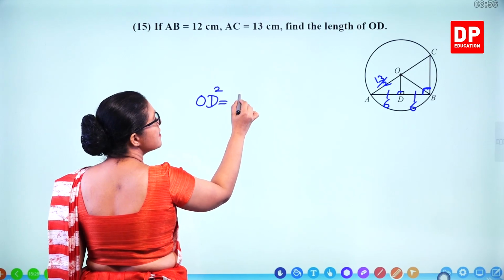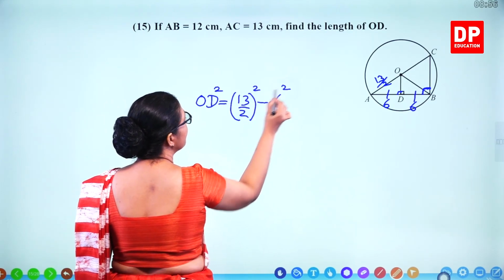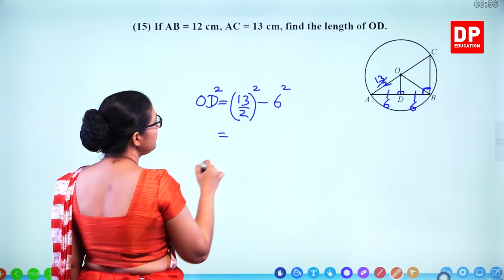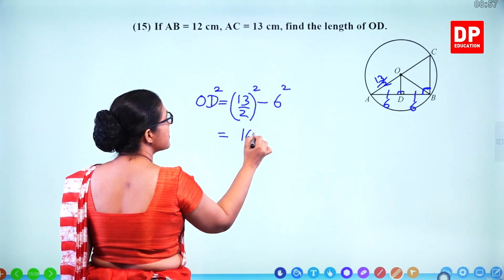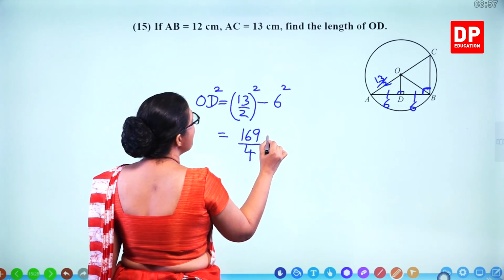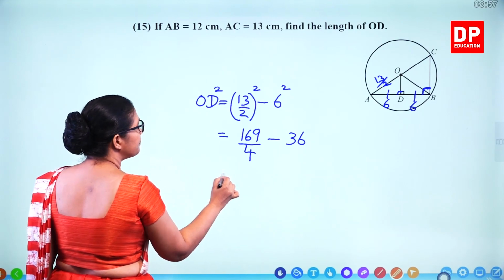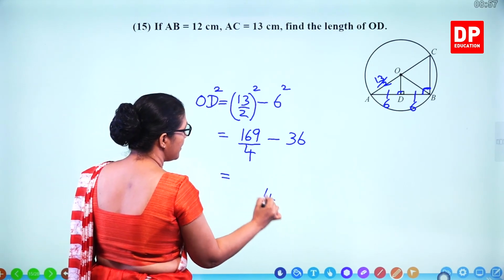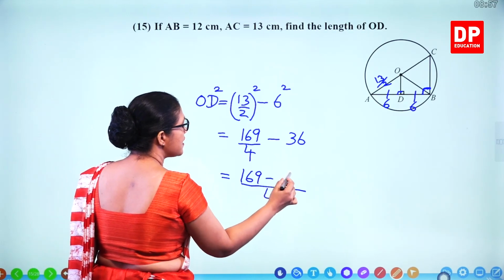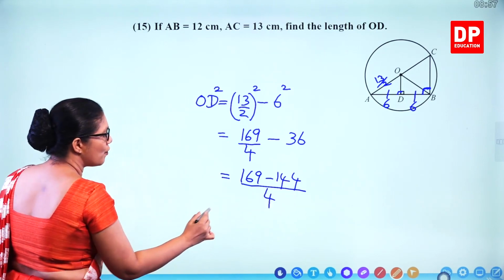OD squared is 13 over 2 squared minus 6 squared. Hypotenuse squared is 13 over 2. Expand. 13 squared is 169 over 4, 2 squared, minus 6 squared is 36. So you get 4 here. 169 minus 4 times 36, 144.